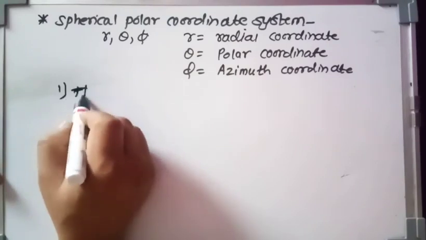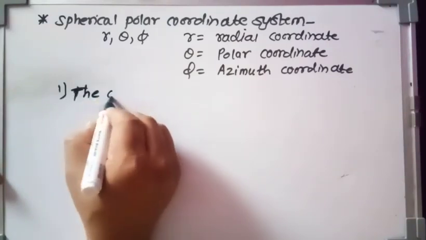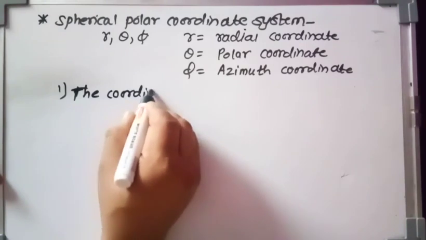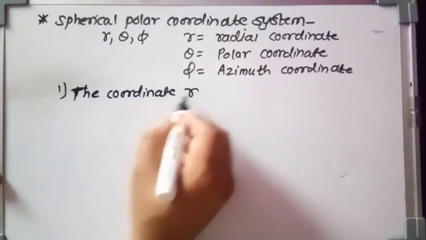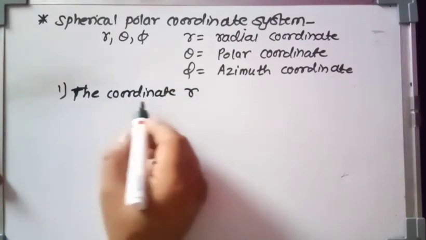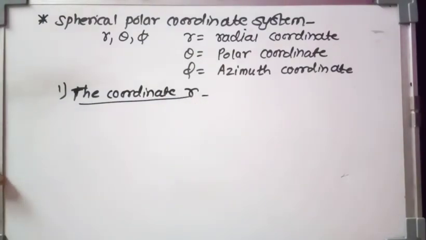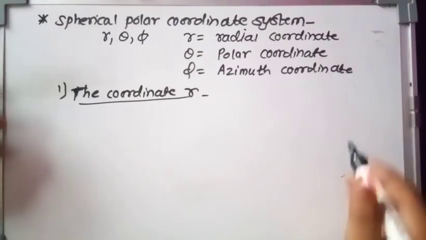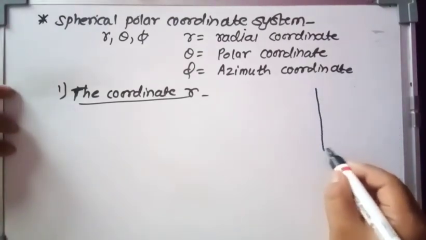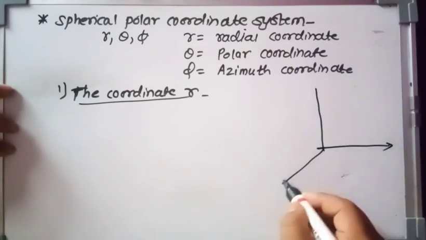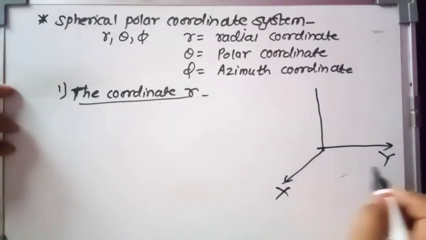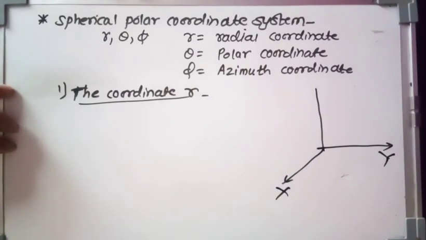What is r coordinate? It is the distance of point P from the origin. If you draw a Cartesian coordinate system, it is an easy way to show any coordinate system in terms of Cartesian coordinate system, and therefore we use Cartesian coordinate system.